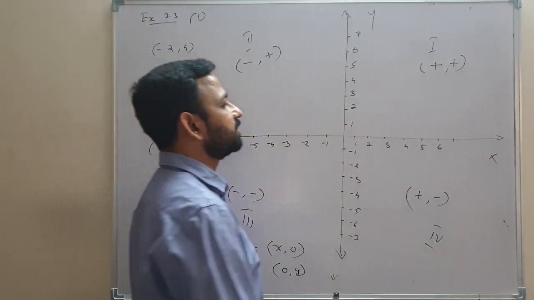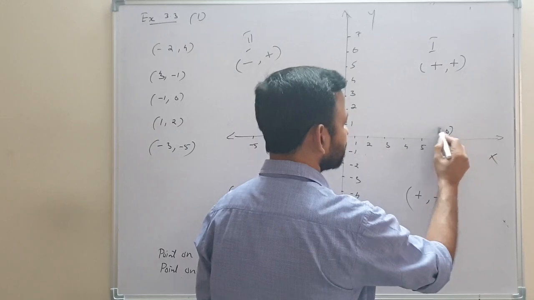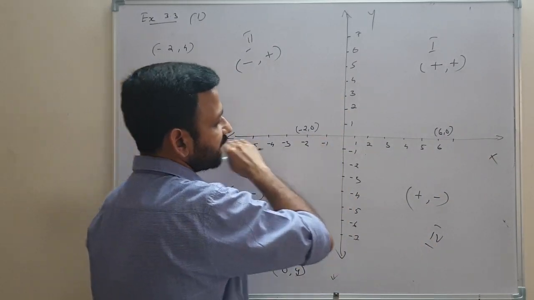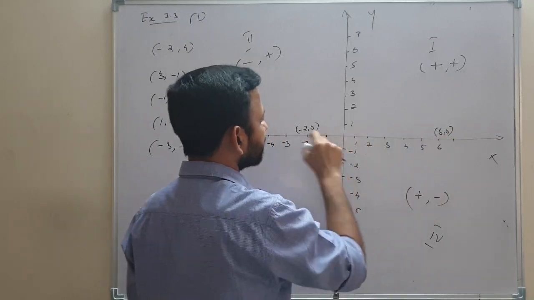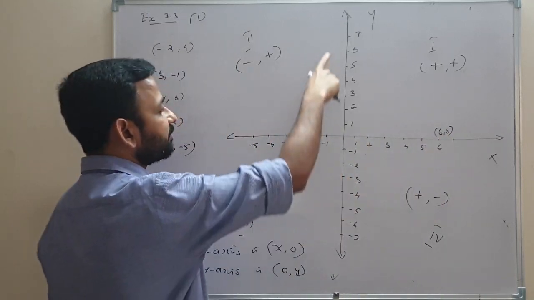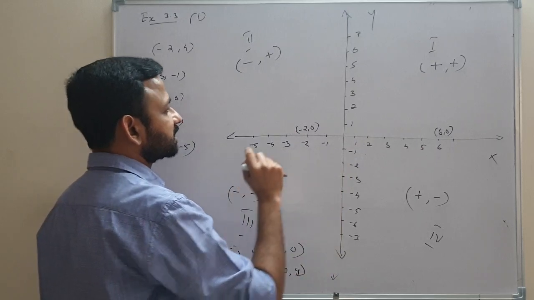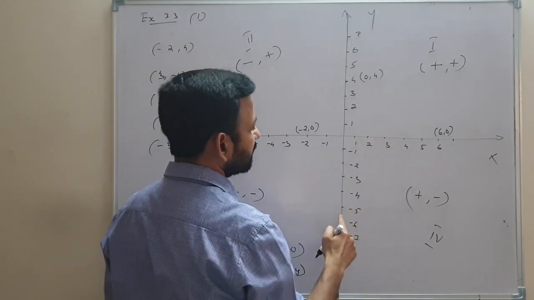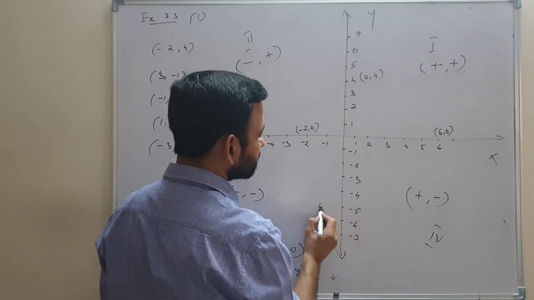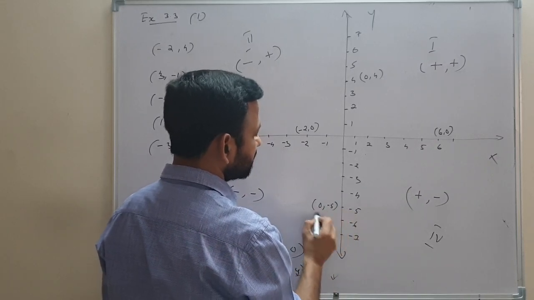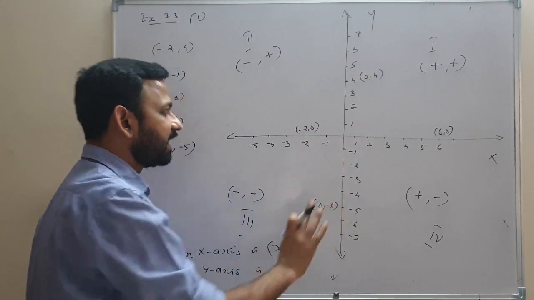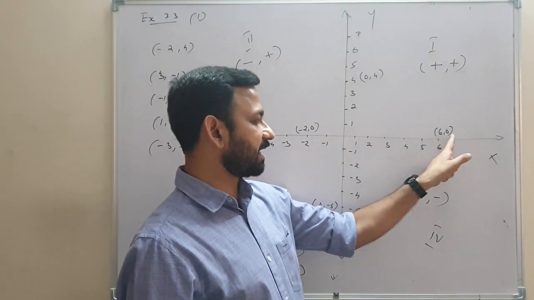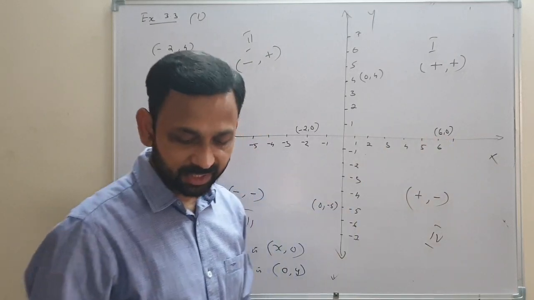This is (6, 0) and this point is (-2, 0). Similarly, on the y-axis the x coordinate is 0: this point is (0, 4) and this one is (0, -5).